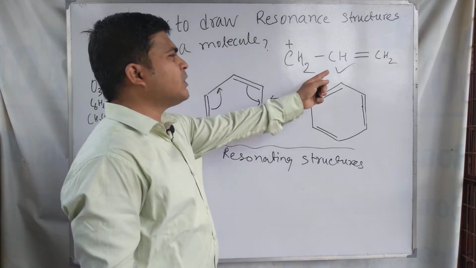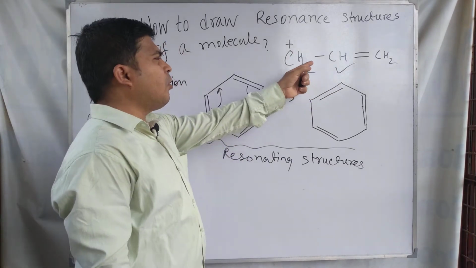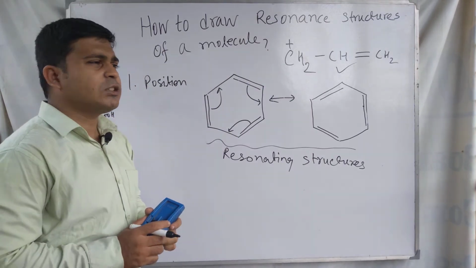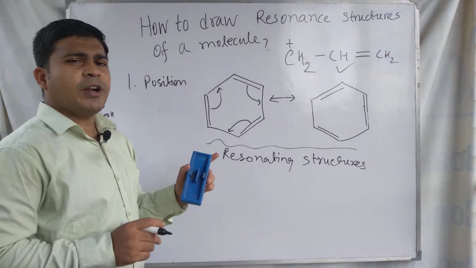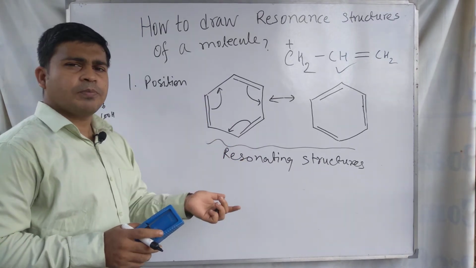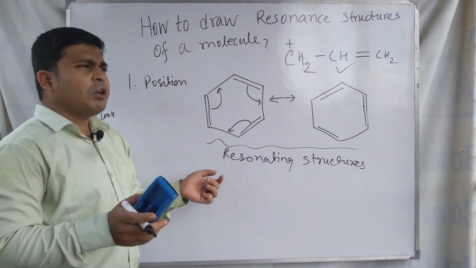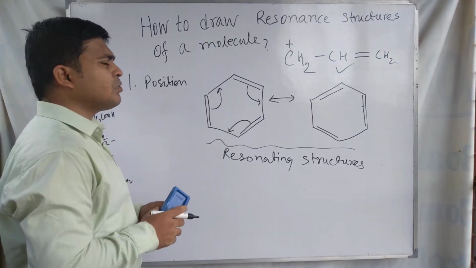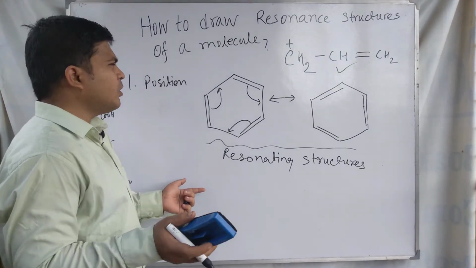So resonating structures are possible for this molecule. To draw a resonance structure you have to first determine whether the molecule has a resonance structure or not. If the molecule does not have any possibility of resonance structures, then you cannot draw resonance structures.